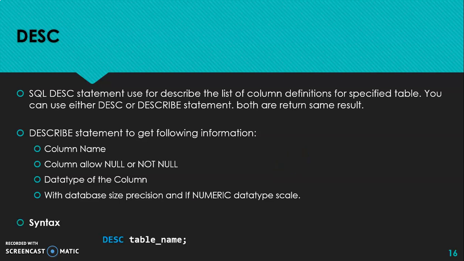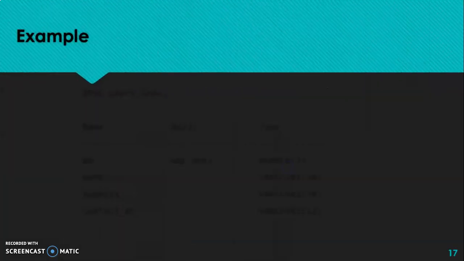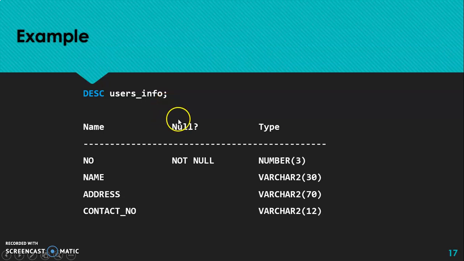Syntax is very simple, DESC table name, or you can write the complete describe table name. Example like DESC user info. While executing this query, I will get a result like this: the column names, say number, name, address and contact number. Whether null or not null.